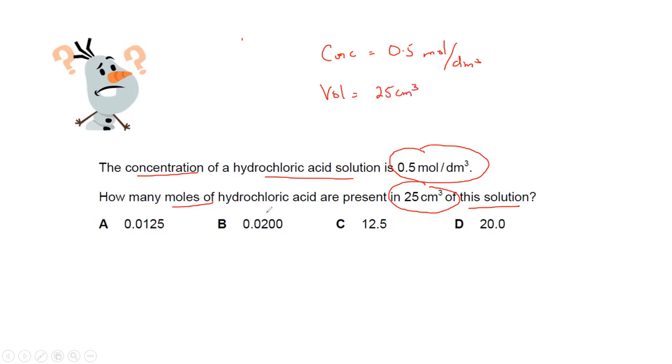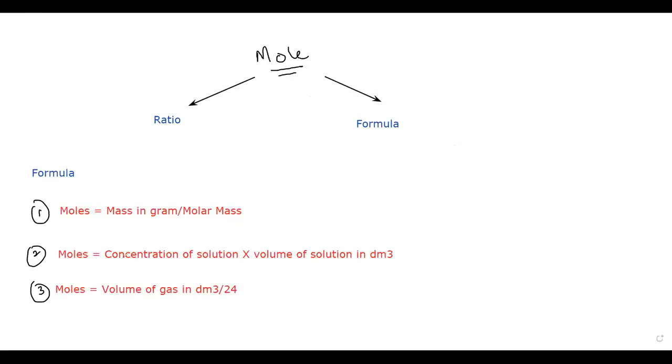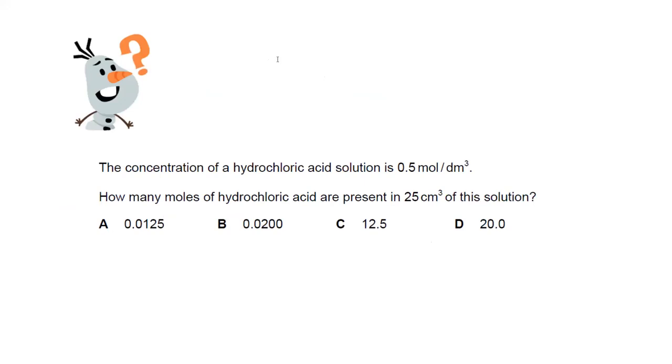Because we need the moles, and we have the concentration and volume, the formula which relates concentration and volume is the second formula. The second formula states that moles is the concentration of the solution multiplied by the volume of the solution.